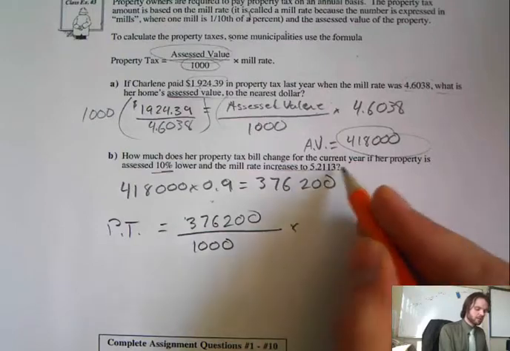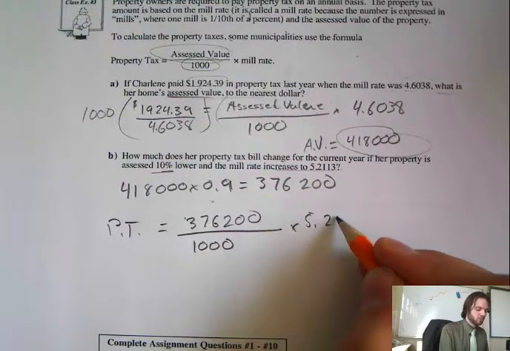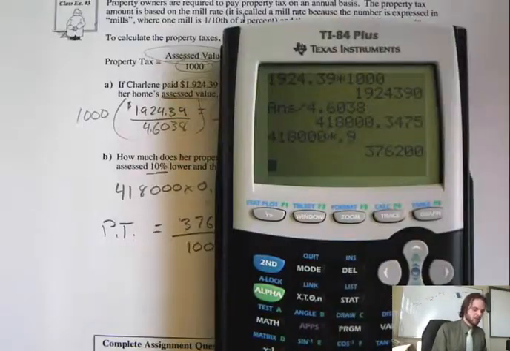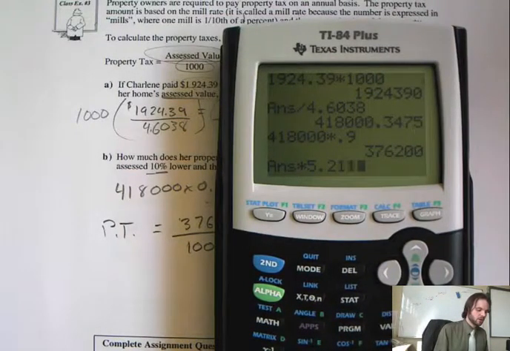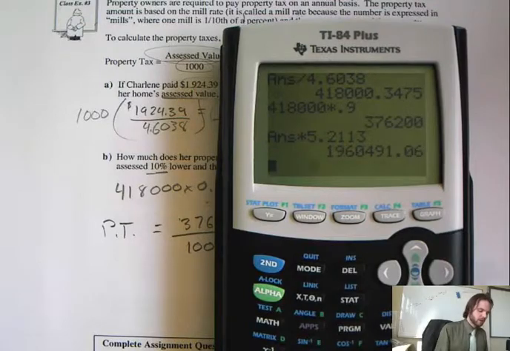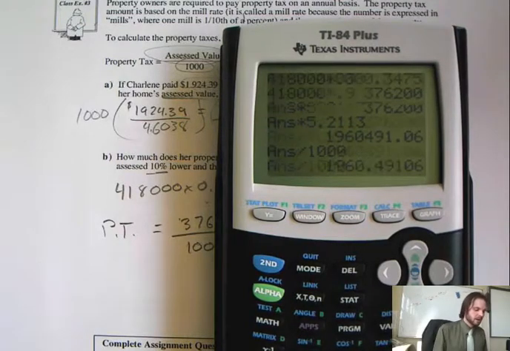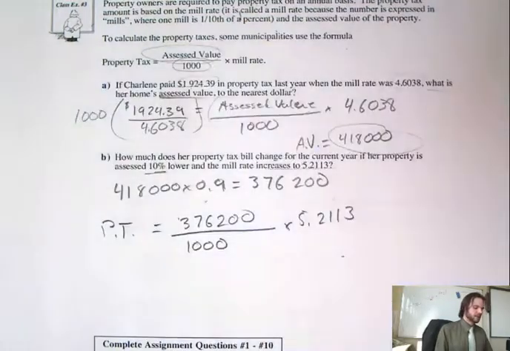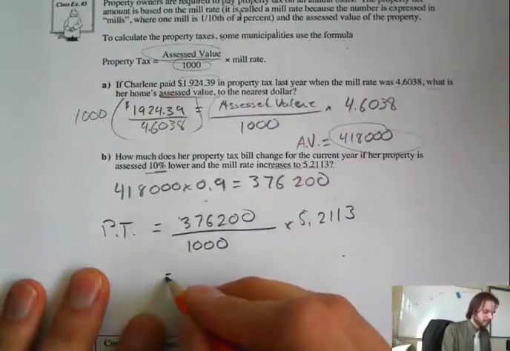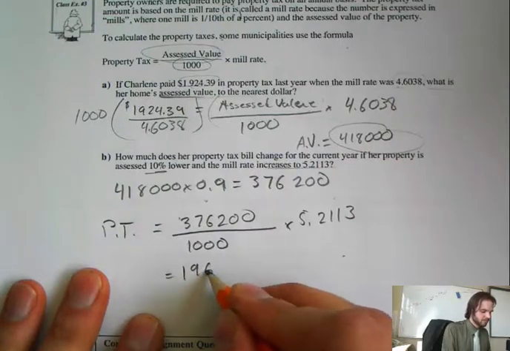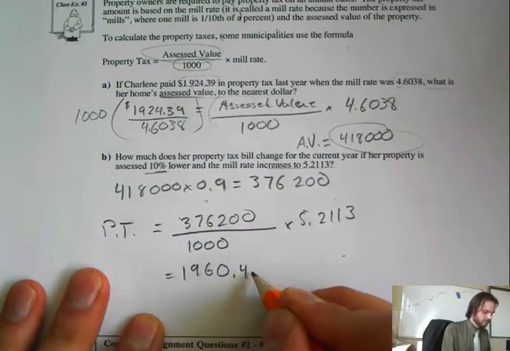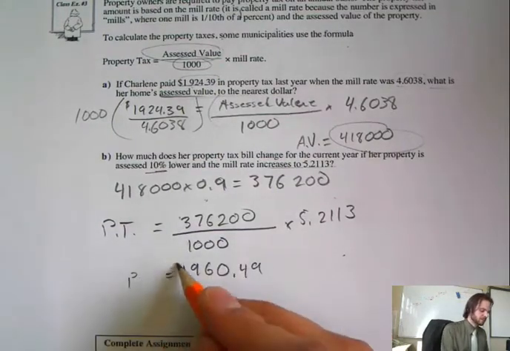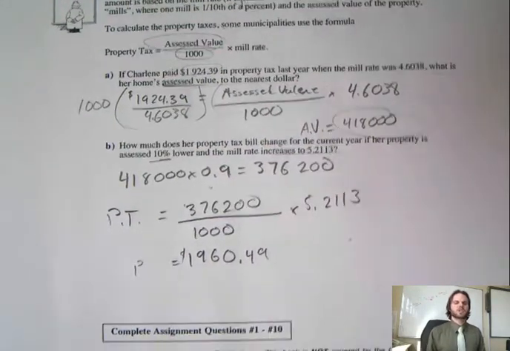And we have to multiply this by 5.2113. So let's finish this off. We multiply this by 5.2113, enter, and then we divide by 1,000. And I end up getting $1,960.50. So that is what she ends up paying.